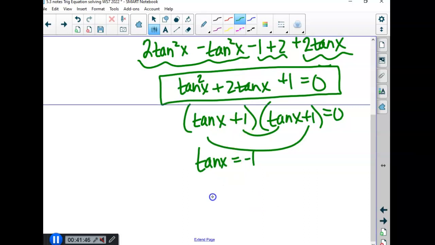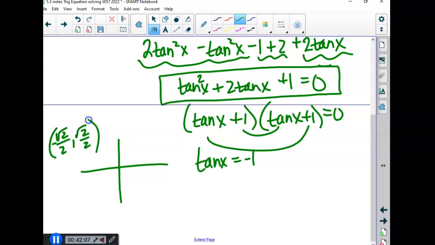Where's that true? Where's the tangent negative 1? Tangent is not on my flipping unit circle. Anybody know where we would get a negative 1 if we wrote it? When we put the y over the x, would that be negative 1 right there?